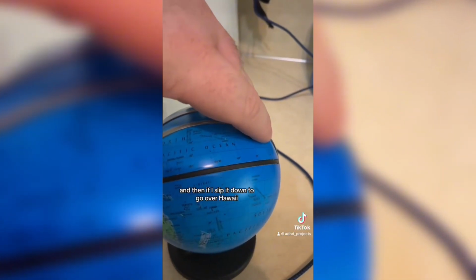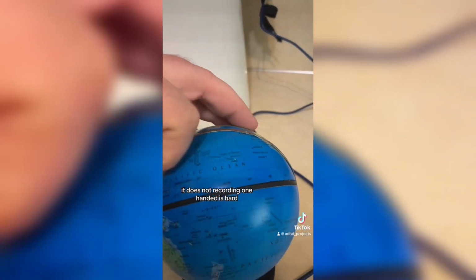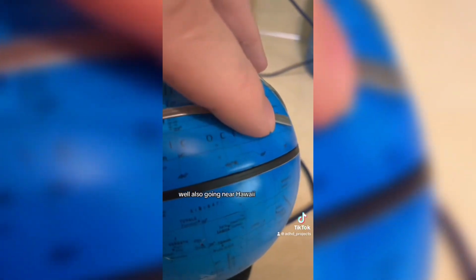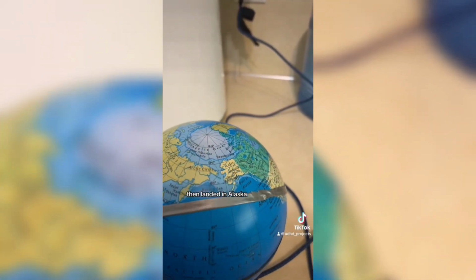And then if I slip it down to go over Hawaii, it does not, recording one-handed is hard, it does not reach from Taiwan over to Los Angeles while also going near Hawaii. So it would have been a much longer route had they gone over to Hawaii than landed in Alaska.